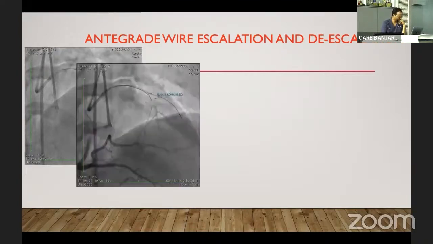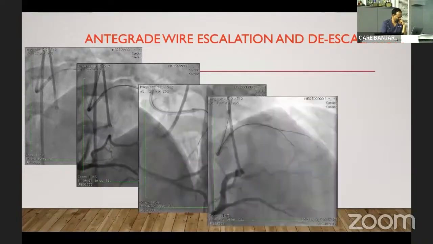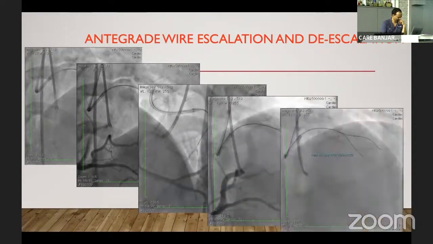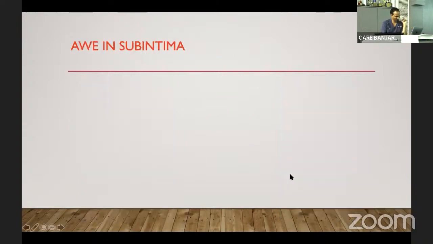Anyway, my Gaia has gone further here. You can see it is going further, and then reached the distal vessel, and later we can do the rest of the things. I think this is a clear demonstration. See, if the wire goes subintimal here, when your antegrade wire enters the distal subintima, what you have to do is redirect the same wire with a 3D wiring.